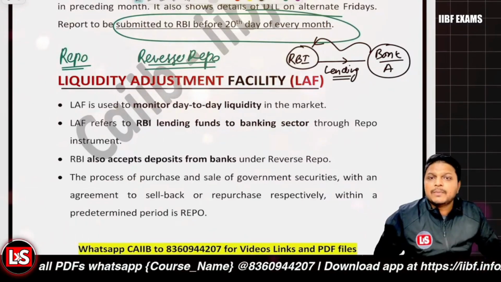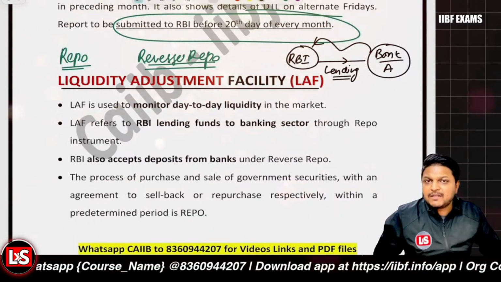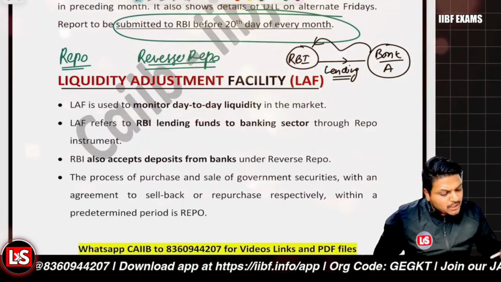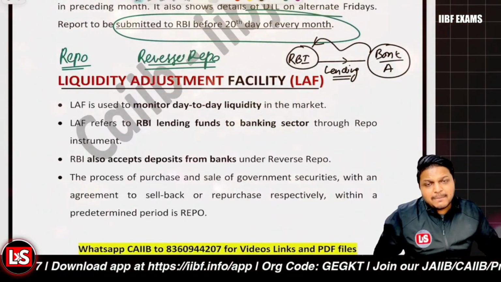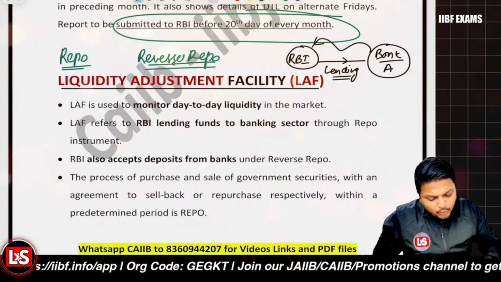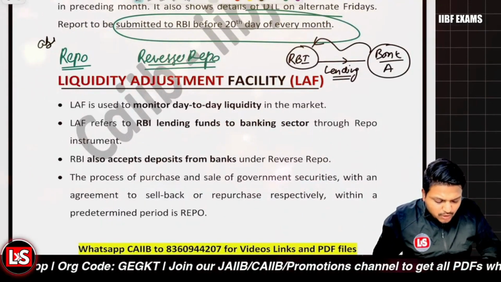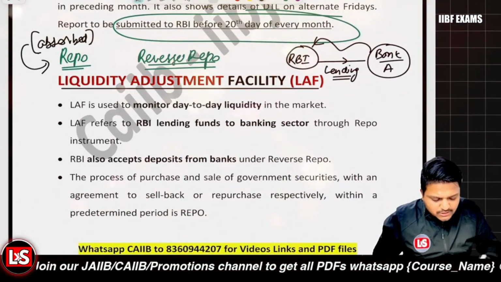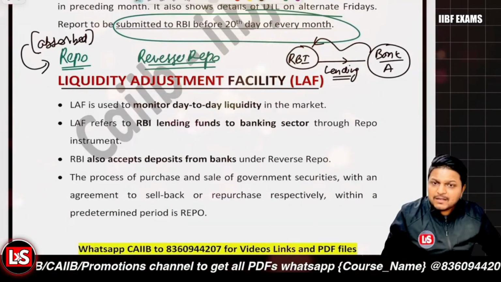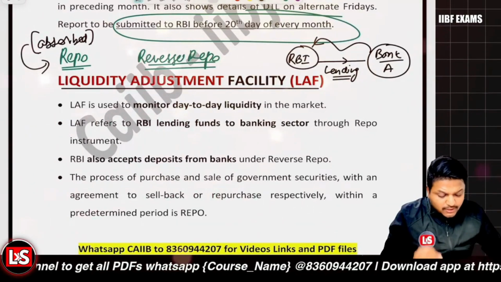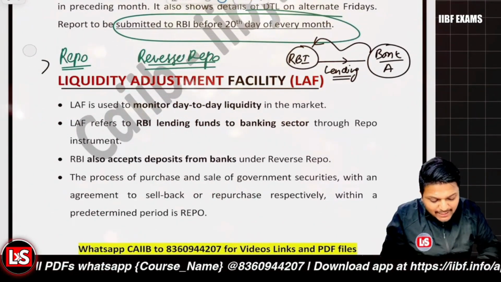So it's a kind of lending done by the Reserve Bank of India to the banks against government securities, right? Now, when this is done, the money will be absorbed from the market. So in case of the repo, the money is absorbed from the market. Just simply learn this concept, you just need to memorize it. Sorry, the money is not absorbed, I told you differently.